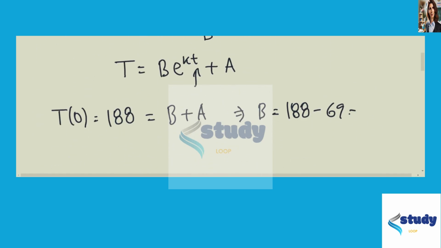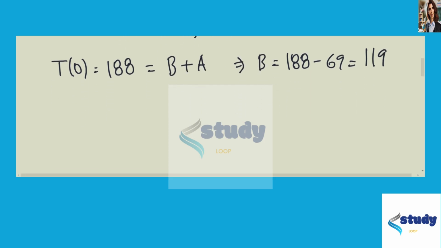So from this, we obtain that the value of b is 119. So we now have that the temperature is equal to b, which is 119, times the exponential of k times the time t, plus the temperature of the surroundings, which is 69.